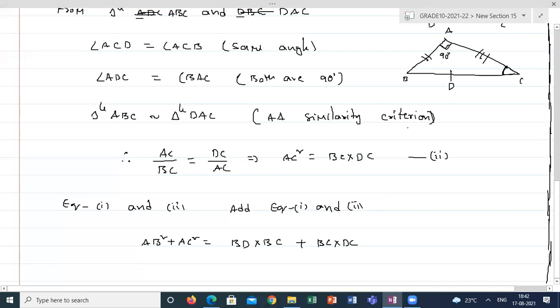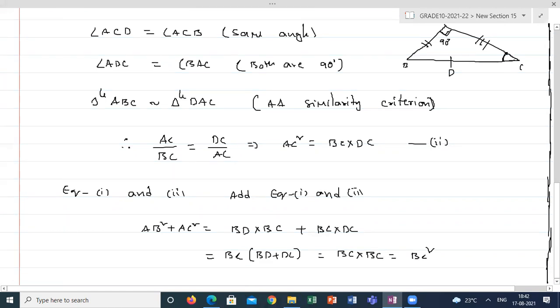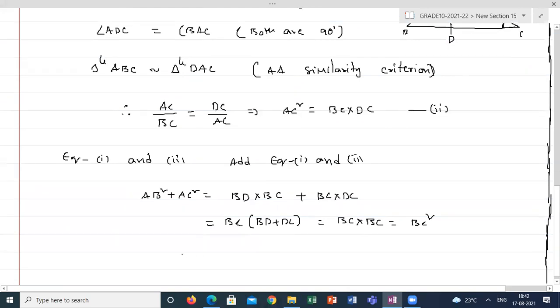D is a point here somewhere. If I am taking BC common, I am getting BD plus DC. So D is a point on BC, then it will be BC into BC, which is equal to BC square. Is it clear, guys, what I am saying? So AB square plus AC square is equal to BC square.